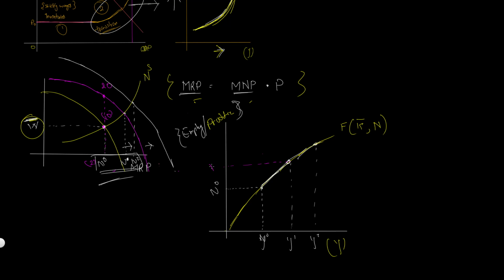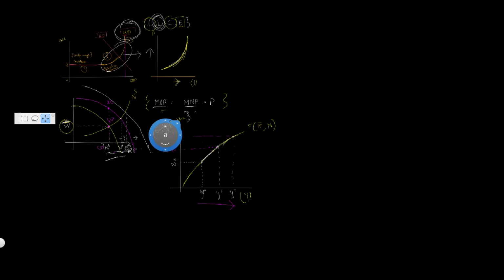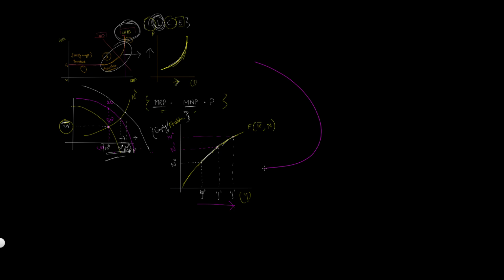So when the employment rises from N0 to N1 and N1 to, let's call it N2, our total GDP in the economy is increasing, and that goes back to our initial curve, that whenever our prices increase, our GDP in the economy would also increase, and essentially this would give the upward sloping shape of the supply curve in the Keynesian model.